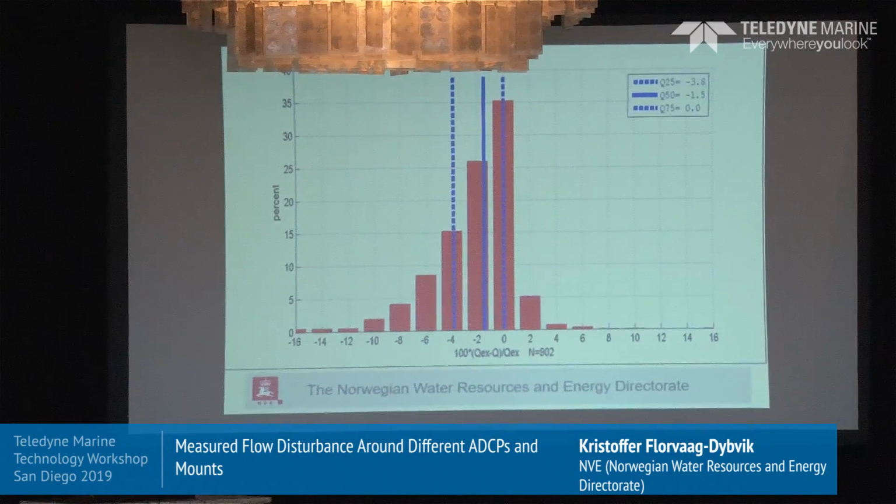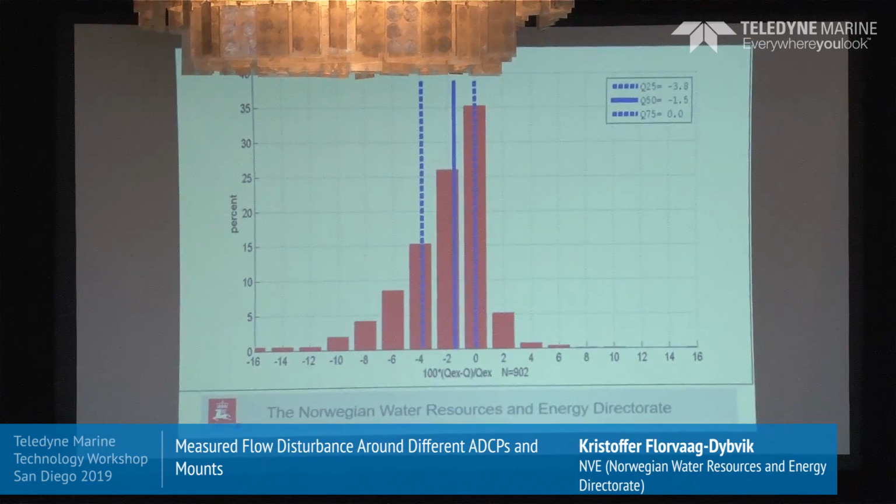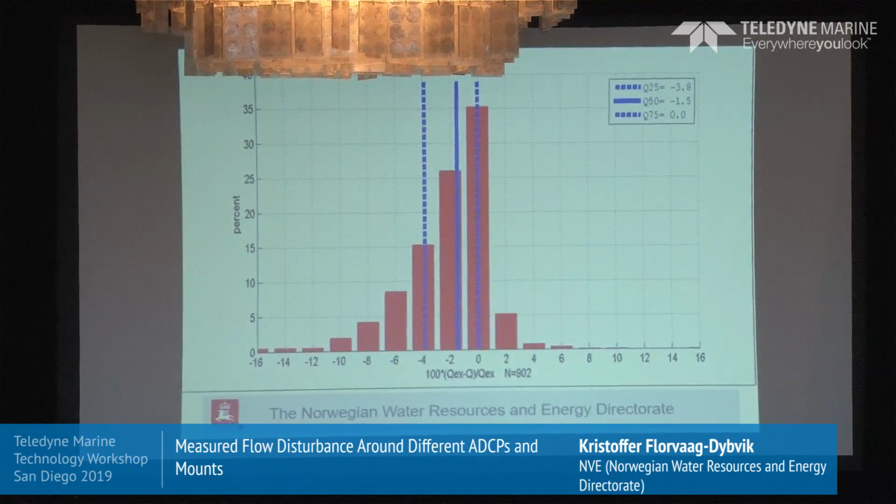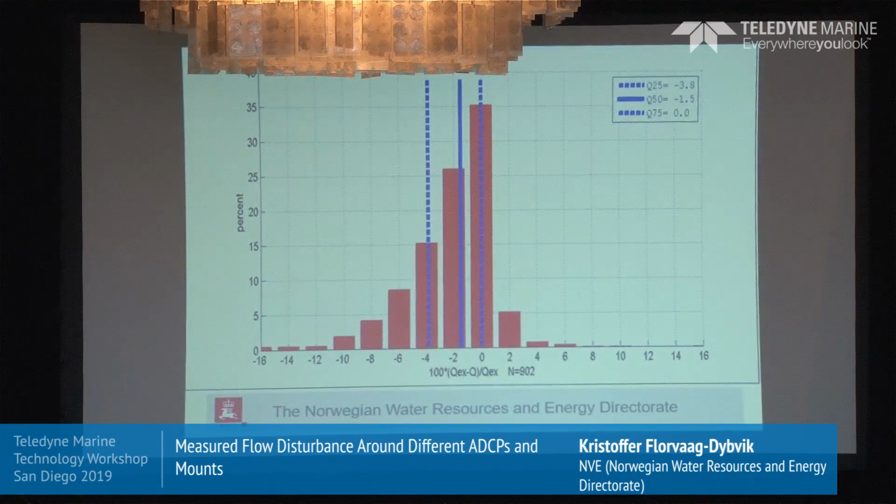Anyway, for 902 discharge measurements, we have compared calculated discharge using the default extrapolation and the actual chosen extrapolation. And it seems that the median value is that the discharge is down by 1.5%.